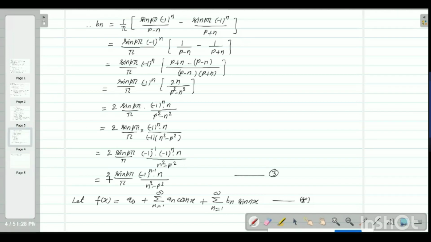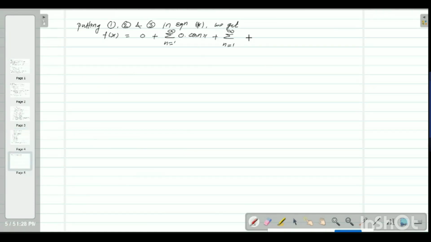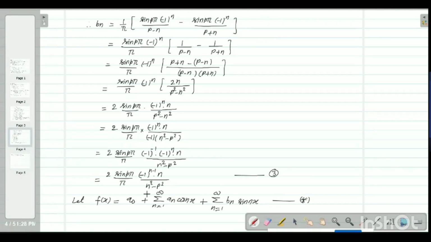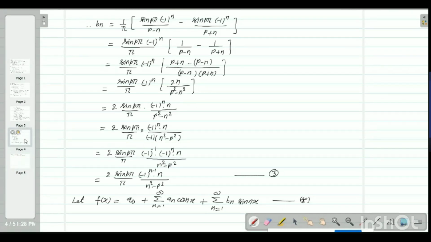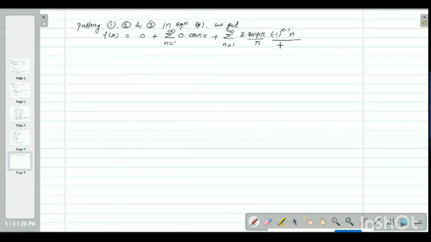What is b n? B n is found to be 2 sine p pi by pi, then minus 1 raised to n minus 1 into n, divided by n square minus p square, into sine nx.